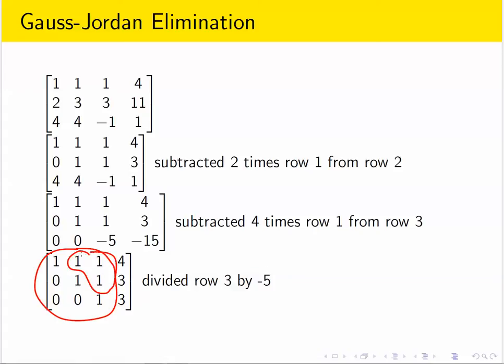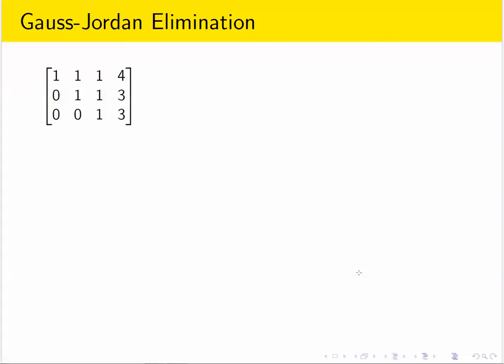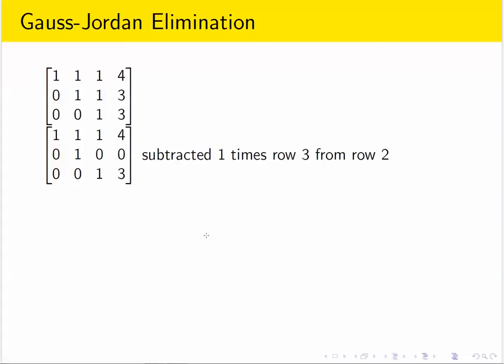So let's start with the piece right here. We'll make that into a 0 by subtracting the 1 that's below it. So we'll subtract, I misspoke. I wanted to work on this entry next. I want to make that into a 0. So we'll do that by subtracting the 1 that's below it.